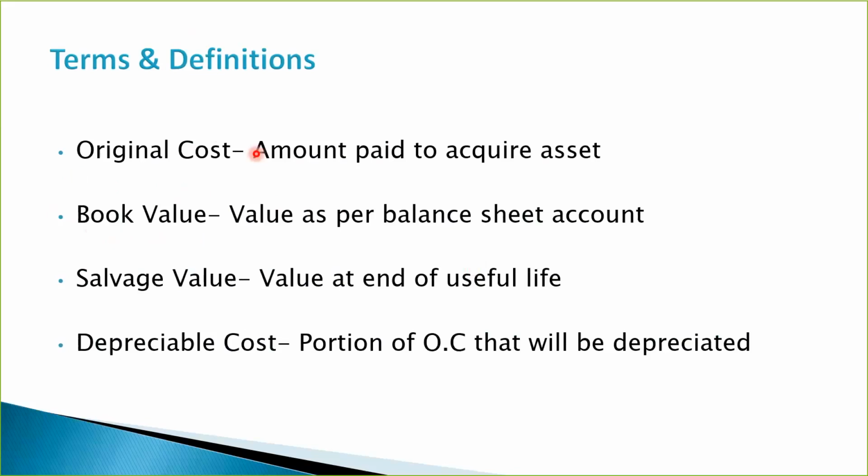So the book value is the actual mathematical value when you calculate using the original cost and whatever depreciation method is being used, but that may also differ from what people actually think is the true value of that particular stock. So that is the meaning of the book value.